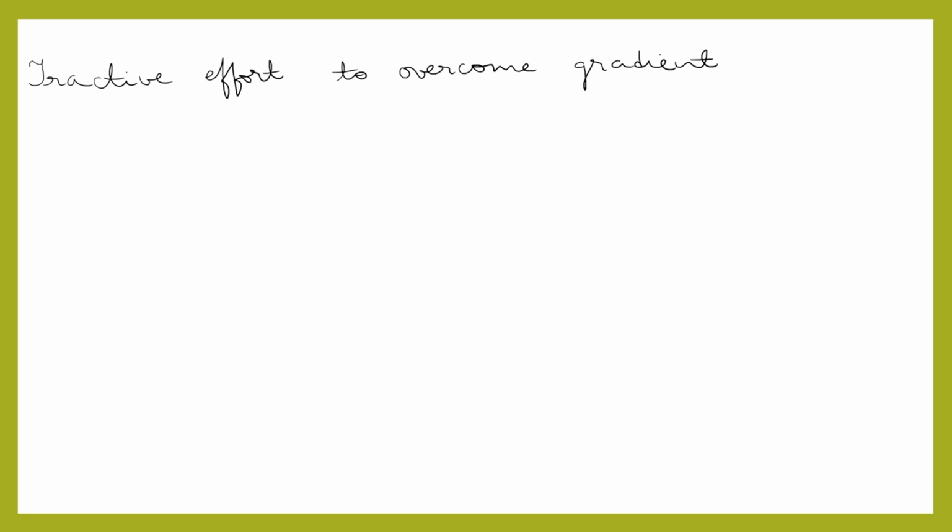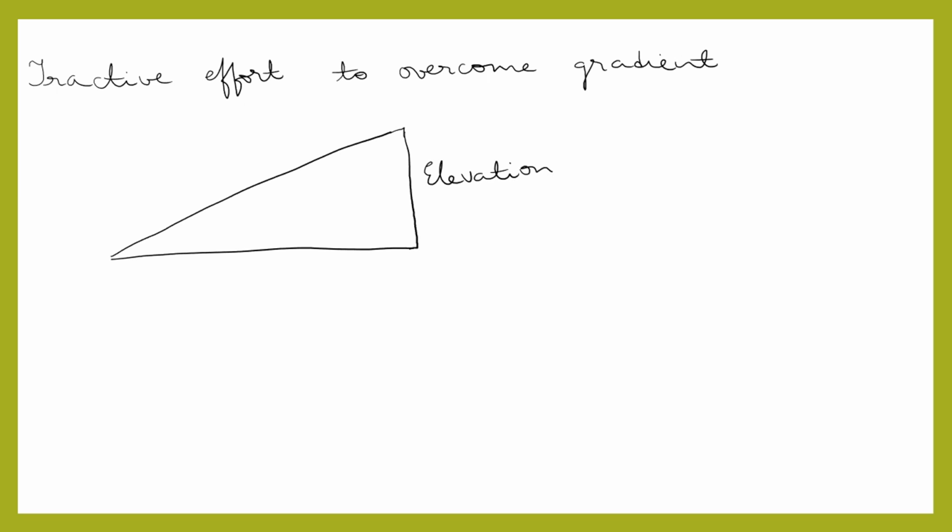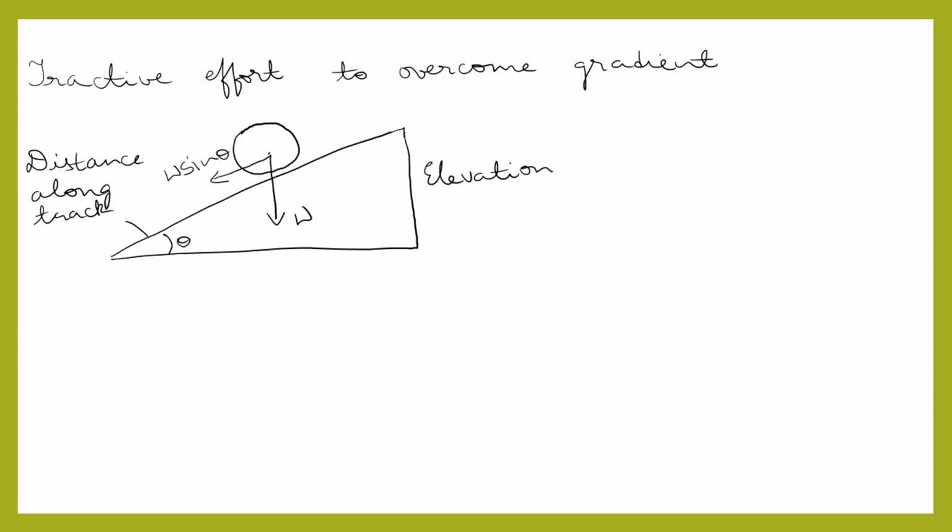So when the train is moving up a gradient, as shown in the figure, the tractive effort required to overcome the gradient has to negotiate the weight of the train acting along the track.